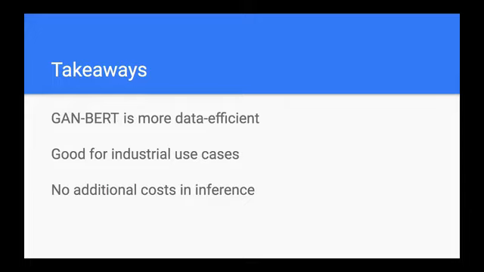So if we can find a way to leverage that unlabeled data, we will have much better realistic performance. The good thing is it doesn't have any additional cost in inference. Even though we have a generator, when we do inference, we just discard it completely.